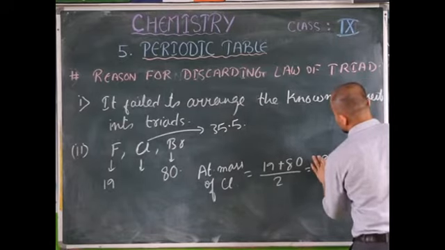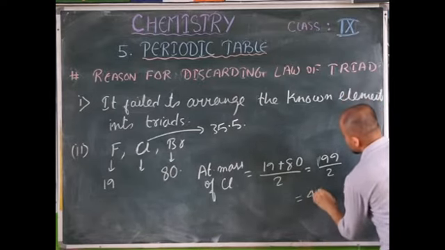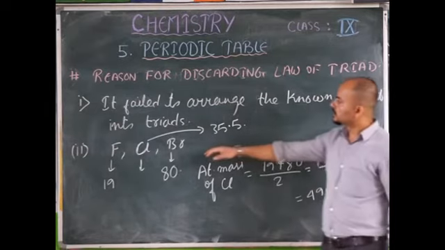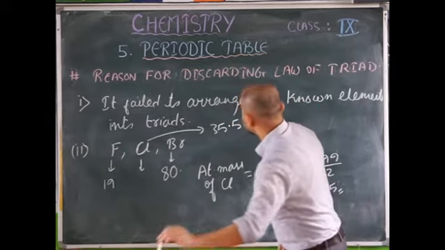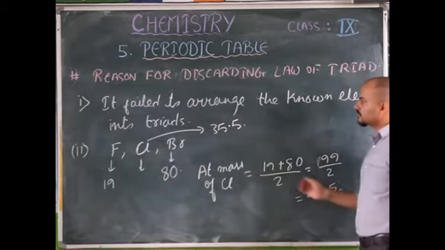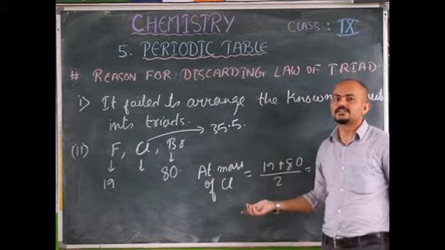So here it comes out to be 49.5. According to this law, you get the atomic mass of fluorine to be 49.5. But you know the actual mass of fluorine is what? 35.5. Therefore, this law failed.